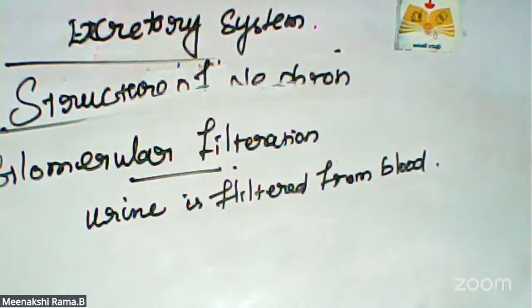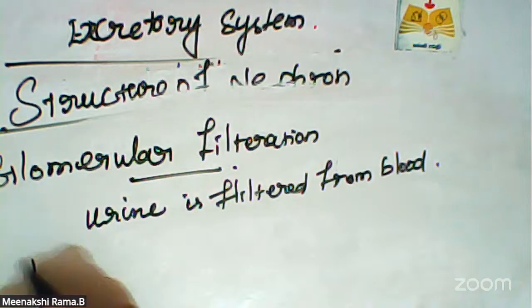The blood is filtered through the epithelial walls, that is the glomerulus and the Bowman capsule. This filtrate is called glomerular filtrate. Both essential and non-essential substances are filtered from the blood. So next one is tubular reabsorption.